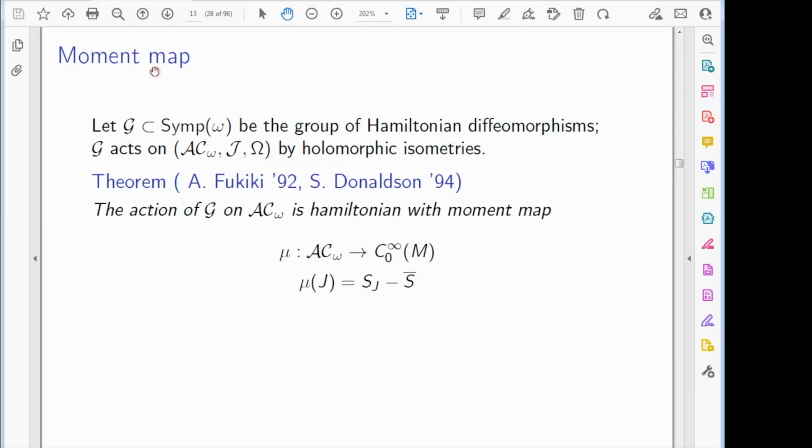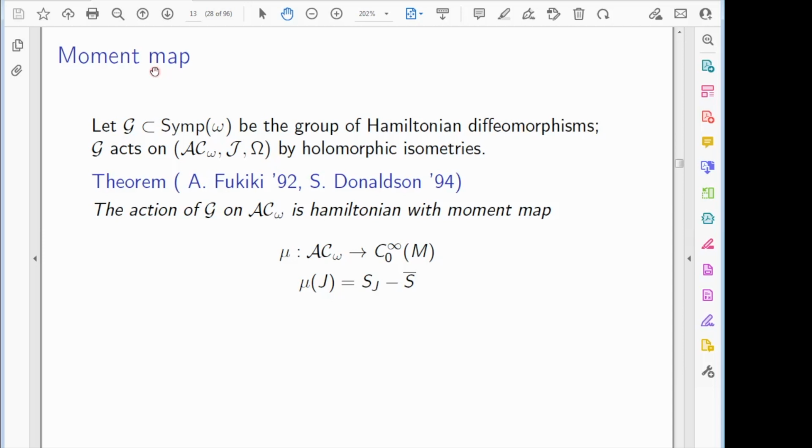So you can check from the formulas that it acts by holomorphic isometries on this Kähler manifold, infinite dimensional Kähler manifold.